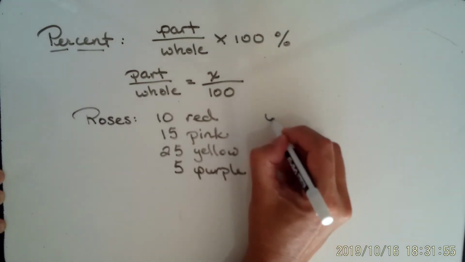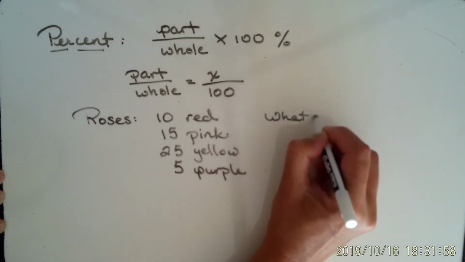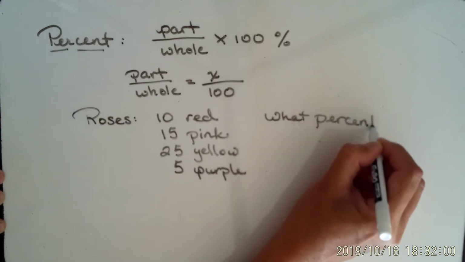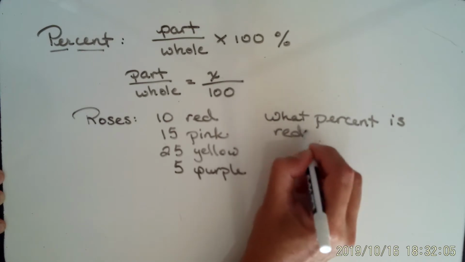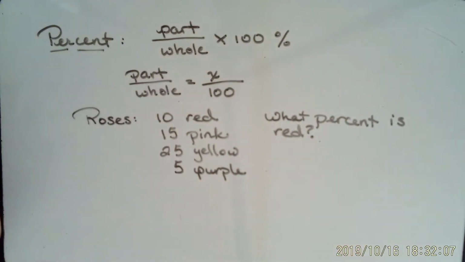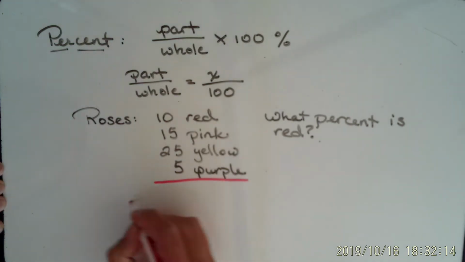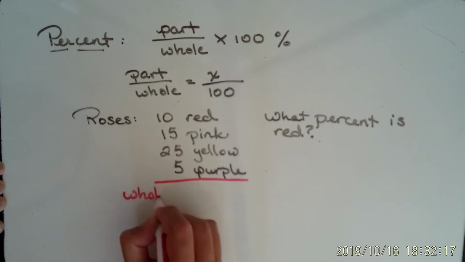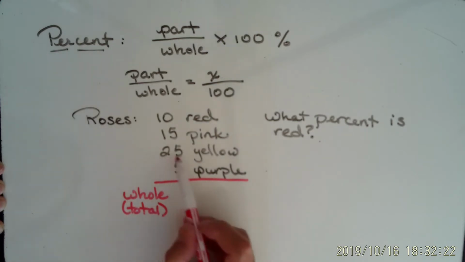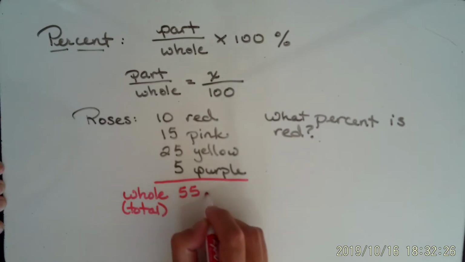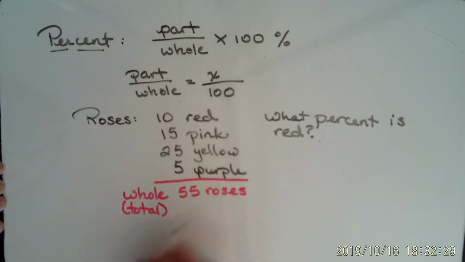And I want to know what percent is red. So if we follow our definition, part divided by the whole, then we need to determine the whole number of roses. The whole, meaning the total, would be 30, 40, 55. We have 55 roses total.